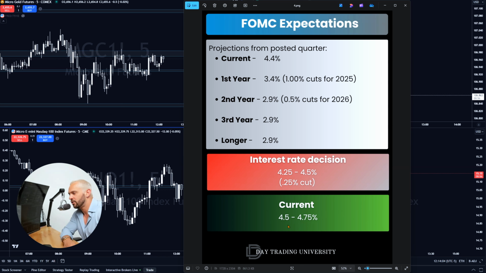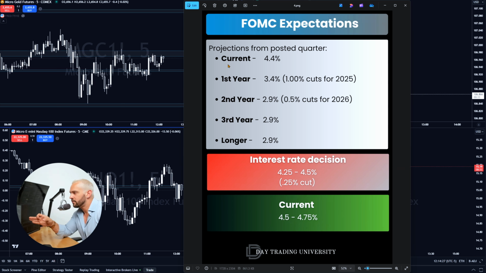So that's why you get this range here. We're currently sitting at 4.5 to 4.75. Now they're currently expecting 4.25 to 4.5. This is a 0.25% cut. Also called, just in case I say it throughout this video, a 25 basis point cut, right? So 0.25% is the market expectations.